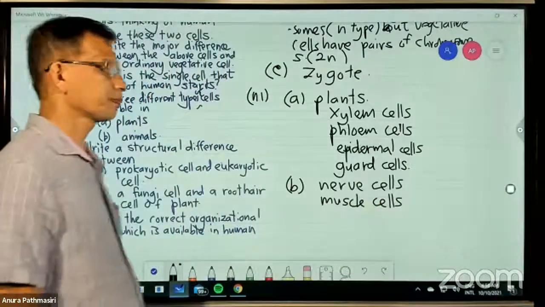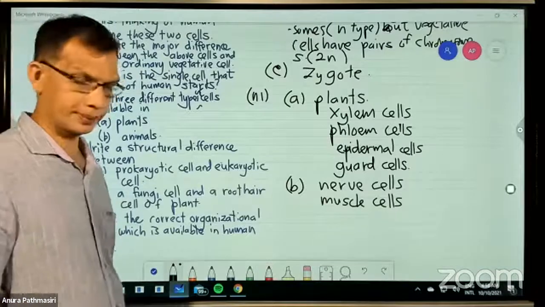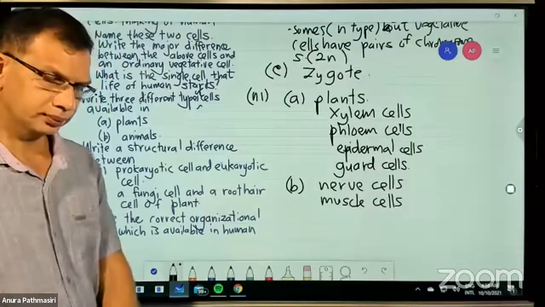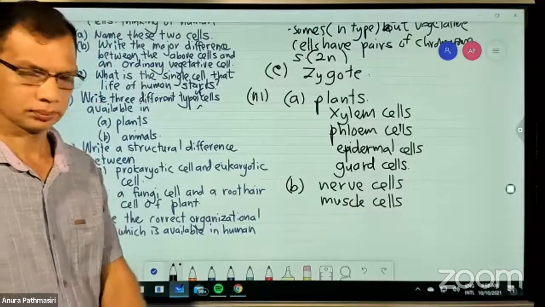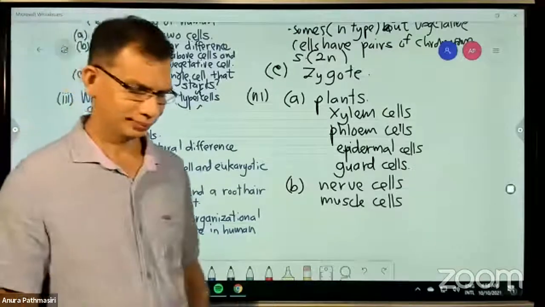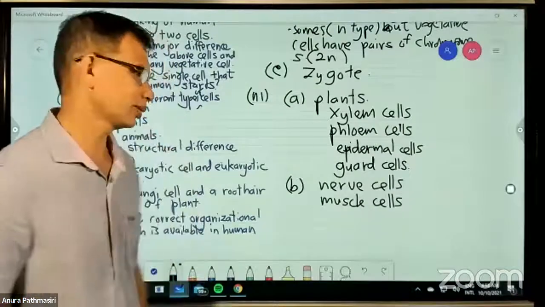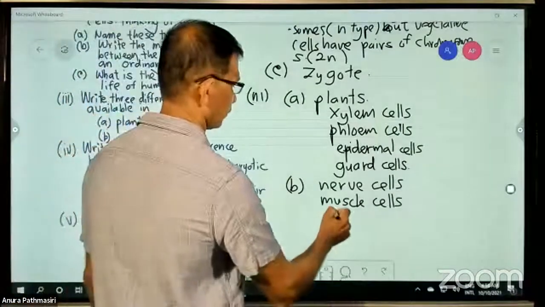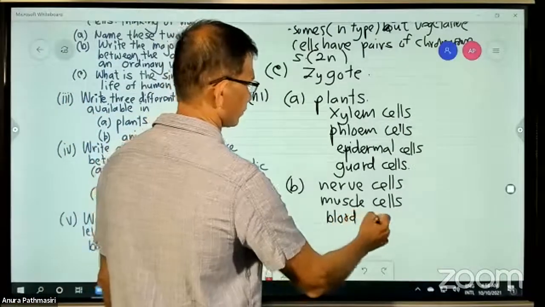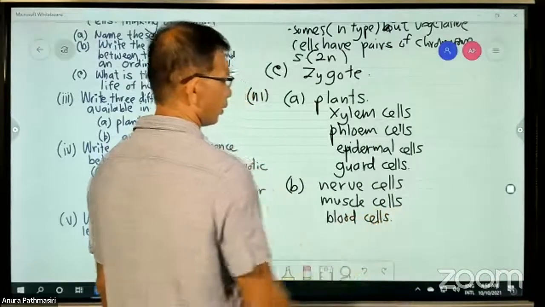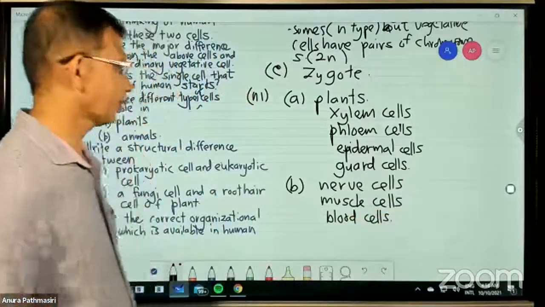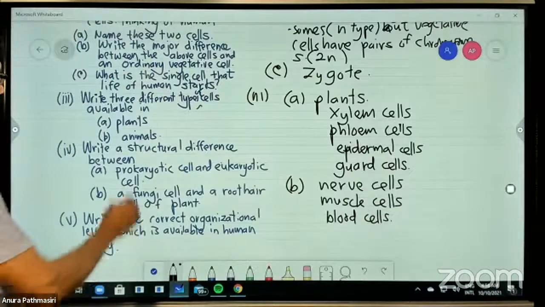Nerve cells, muscle cells, bone cells. Huh? Blood cells. In the blood, you can have red blood cells, white blood cells, and all.